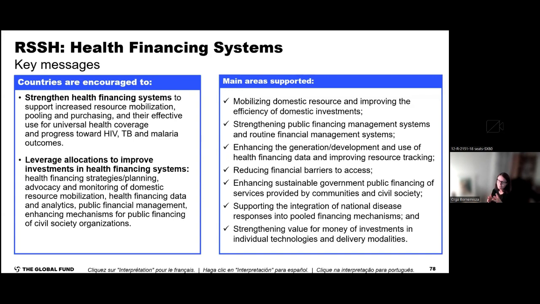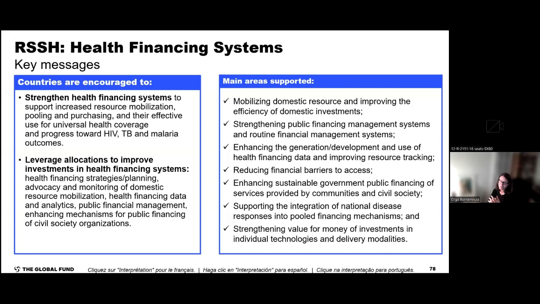And you can see below some of the examples of where this money could go: health financing strategies, planning, advocacy, and monitoring for domestic resource mobilization; better use and better collection of health financing data using the national health accounts; and strengthening public financial management systems.